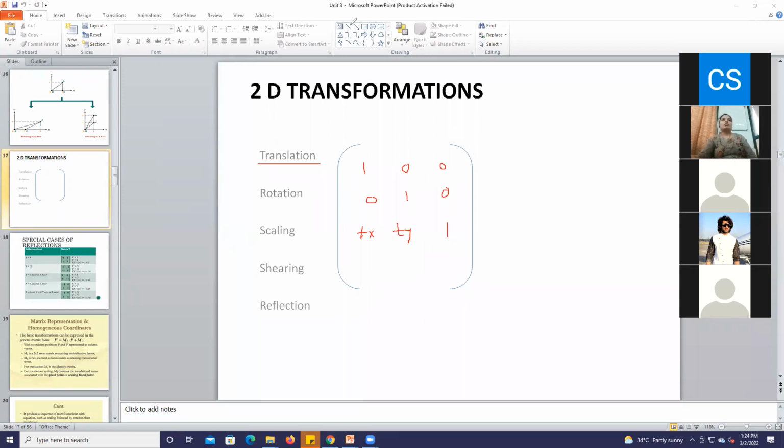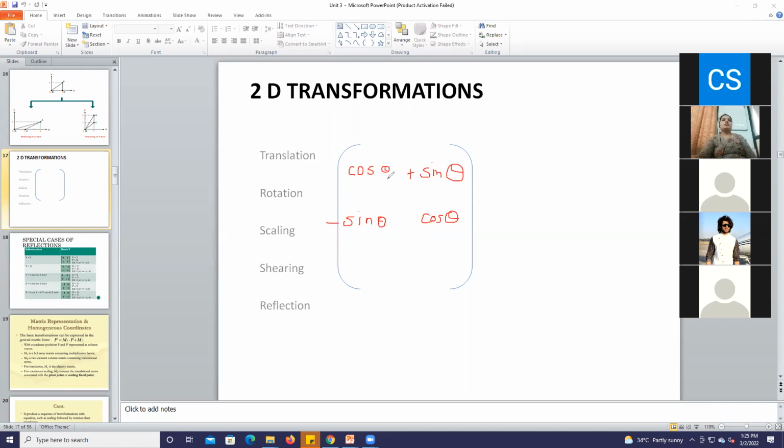So here I am having the cos theta, minus sin theta and sin theta, cos theta. So it is anti-clockwise rotation. If clockwise is considered, here it will be minus, here it will be plus. So clockwise and anti-clockwise T matrix for rotation.